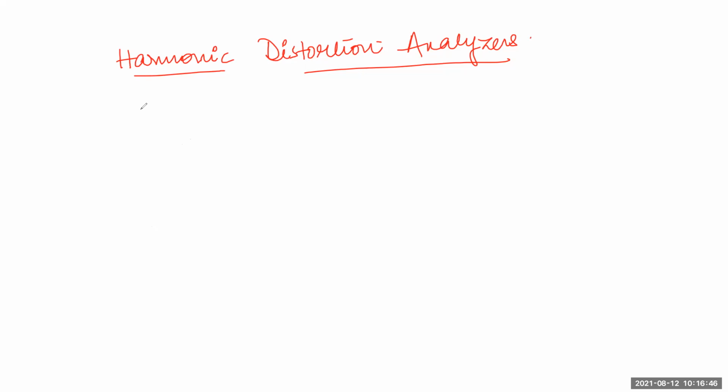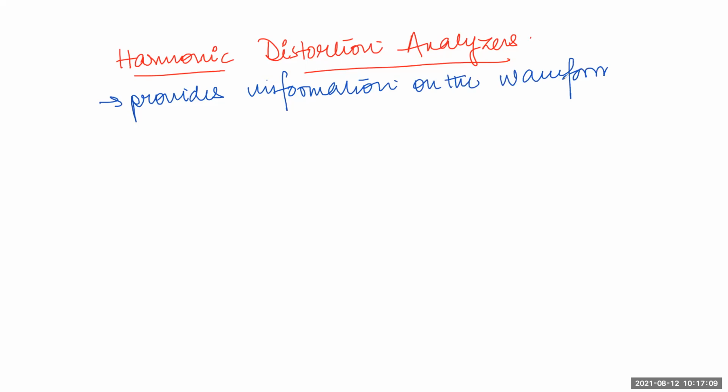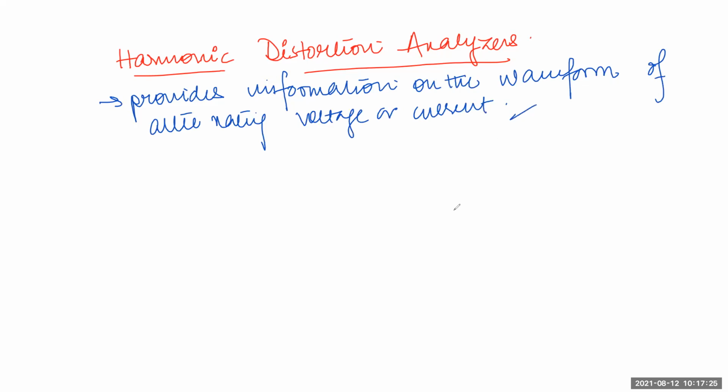So if you're asked what a harmonic distortion analyzer is, you can say it is another measurement device that provides information on the waveform of an alternating voltage or current.